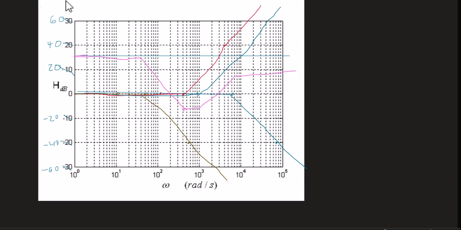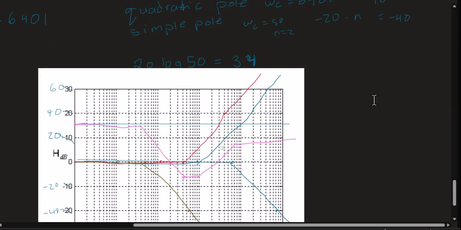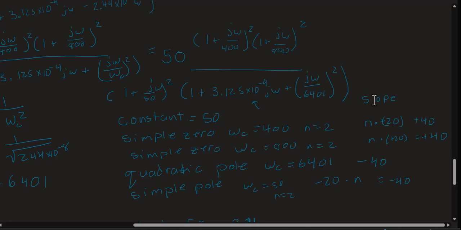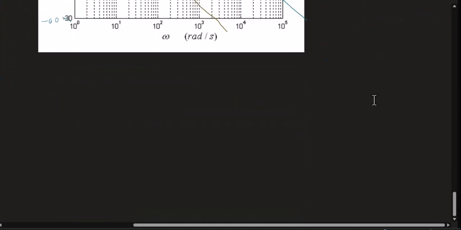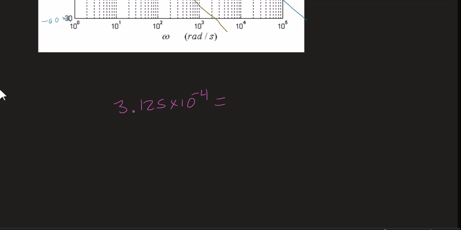The last thing that this problem asks for is the damping factor. For the damping factor, you take your linear term from your quadratic pole or zero, which was 3.125 times 10 to the negative 4, and you set that equal to 2 zeta over the corner frequency of the quadratic term.